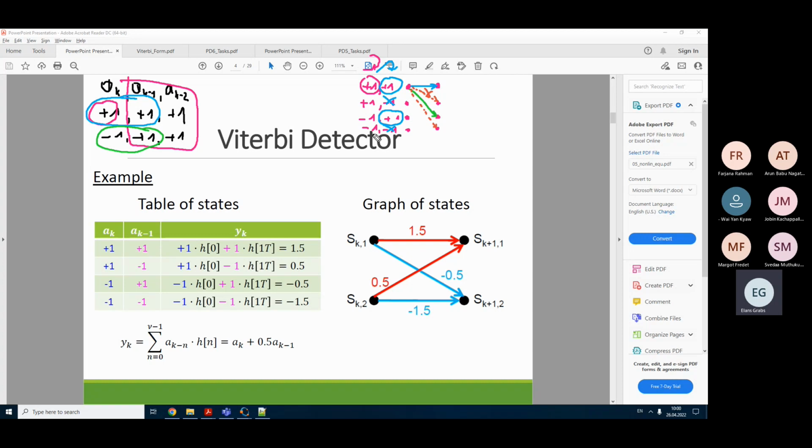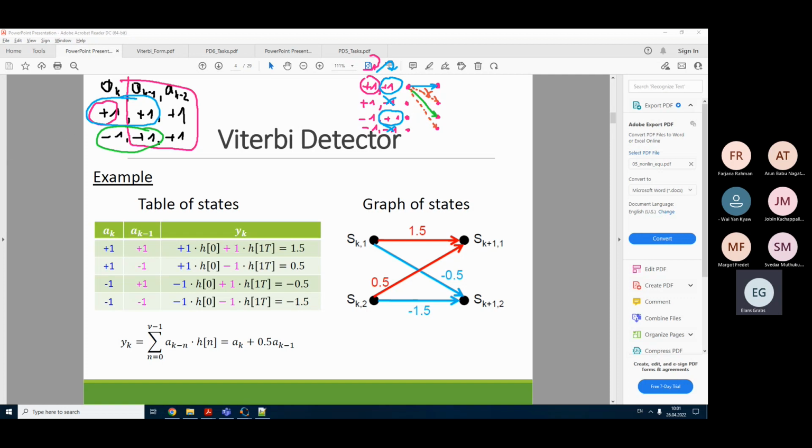We'll talk about this a little bit more in our practical part today, but for now, I just wanted to point out that this is exactly what makes the Viterbi algorithm work: knowing that not all transitions are valid in this trellis, in this state diagram. There are only a few valid transitions.